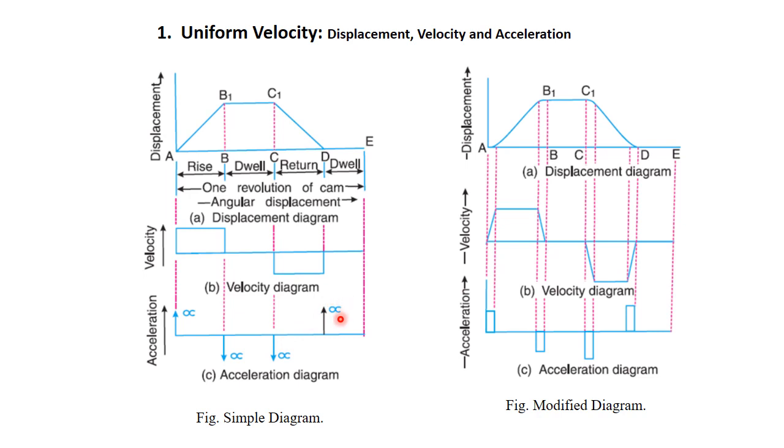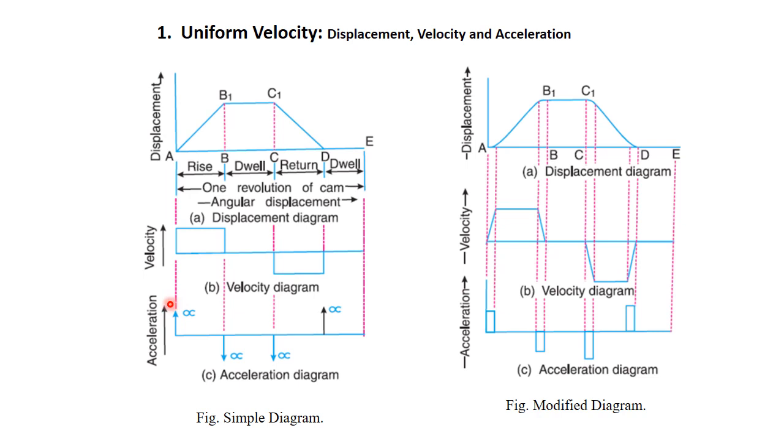Now we see that the rate of change of displacement is velocity, the rate of change of velocity is acceleration, and the rate of change of acceleration is called jerk.